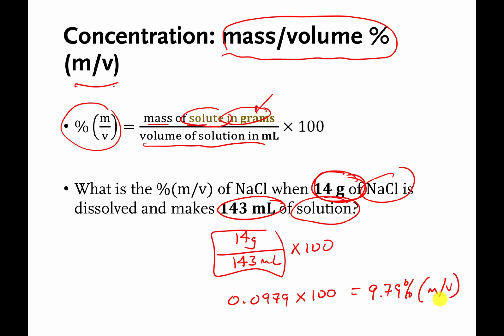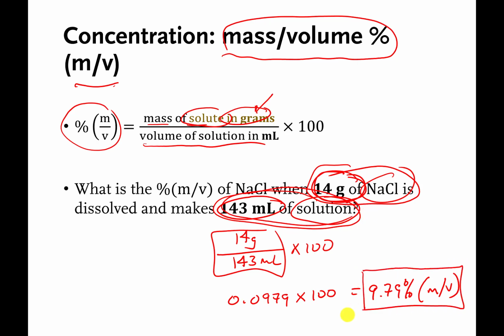And so if I said, hey, how salty is this when I take 14 grams of table salt, I mix it with water, and the final volume is 143 milliliters, you'd say, oh, the concentration of table salt is 9.79% using this parentheses m/v, or mass over volume percent. So again, this is just a number to describe how salty that liquid is. And if the number gets bigger, it's saltier. If the number gets smaller, it's less salty.